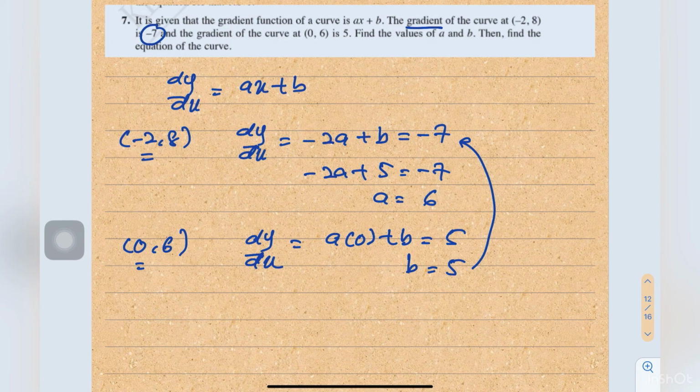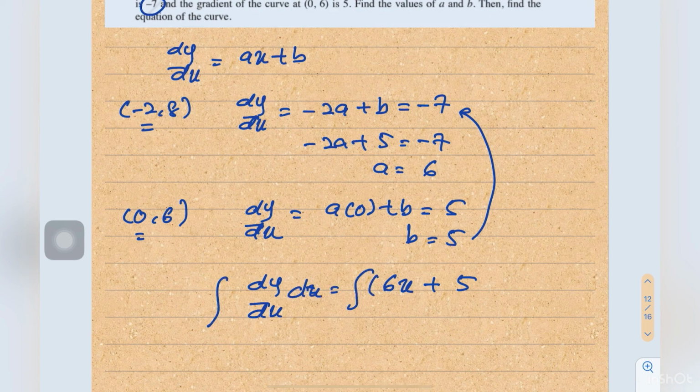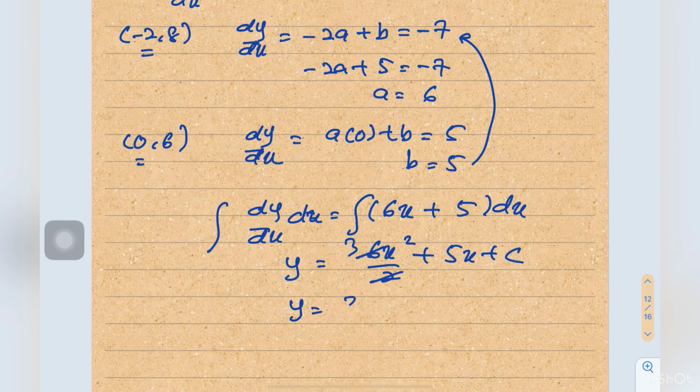Then find the equation of the curve. We substitute a and b into dy/dx, so a is 6: 6x plus 5. To find the equation of the curve y, we integrate both sides with respect to x. So y equals 6x squared over 2 plus 5x plus c, which is 3x squared plus 5x plus c.